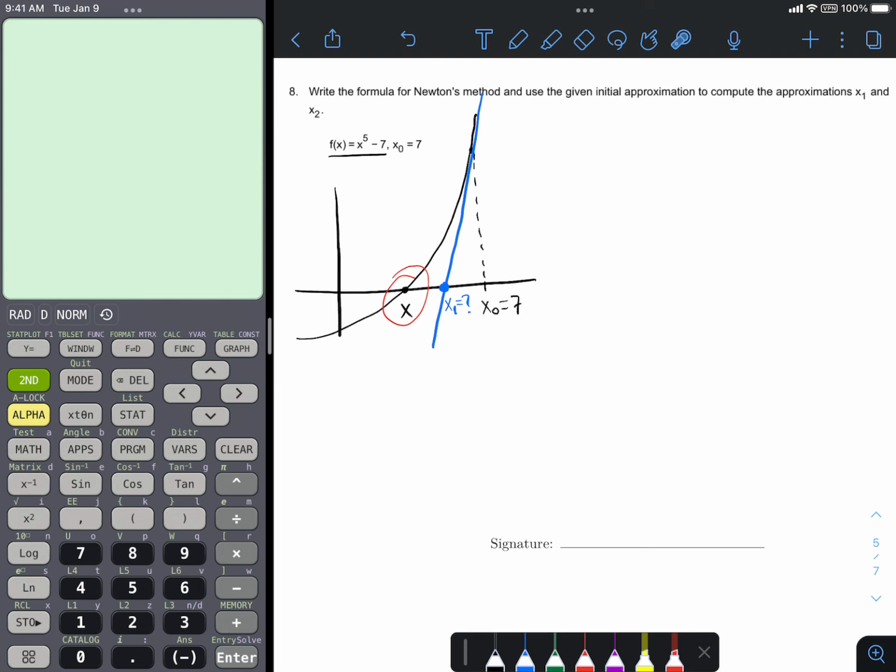So if I wanted to do that, that would be y minus y0 equals m times x minus x0. Remember that x0 is 7, y0 is f of 7, so f of x0, and the slope of the tangent line is the derivative.